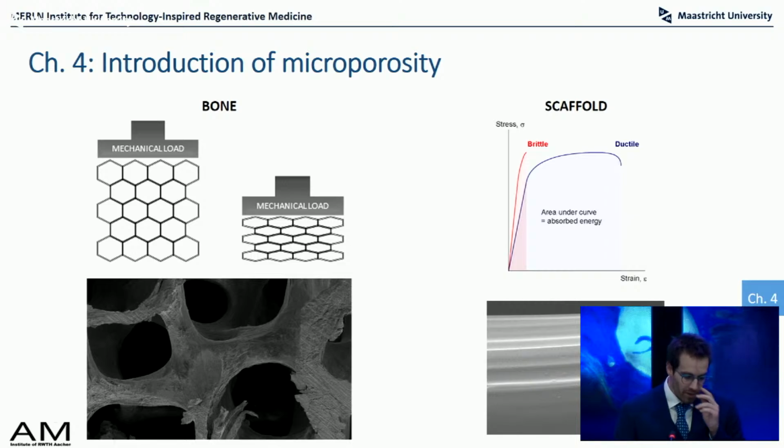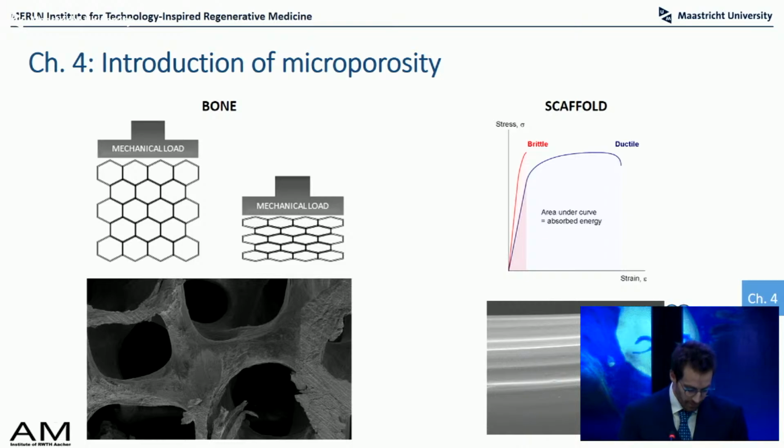Because microporosity in spongy bones grants ductile behavior and rough surfaces, where instead traditional scaffolds usually have rather smooth surfaces and relatively brittle behavior. And with particular focus on smooth surfaces, we know that they are not very much appreciated by cells, at least bone cells.